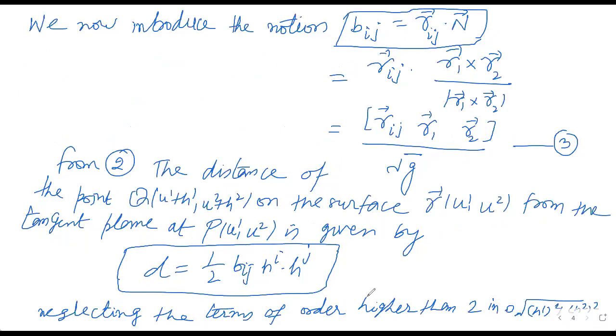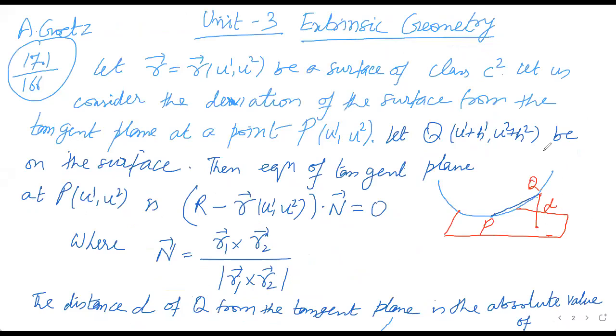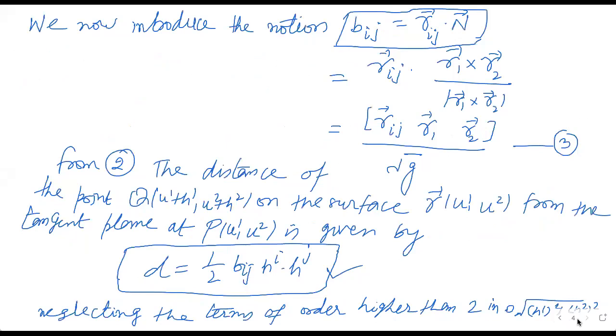So this is the distance formula between a point Q and P on the surface. P and Q are on the surface and this is a tangent plane. It will tell you the deviation from the tangent plane, and you will see in the coming lectures this deviation will tell you many things about the curves. I will use it for finding different quantities of the curve, how much it is deviating. So it is the formula for this thing.